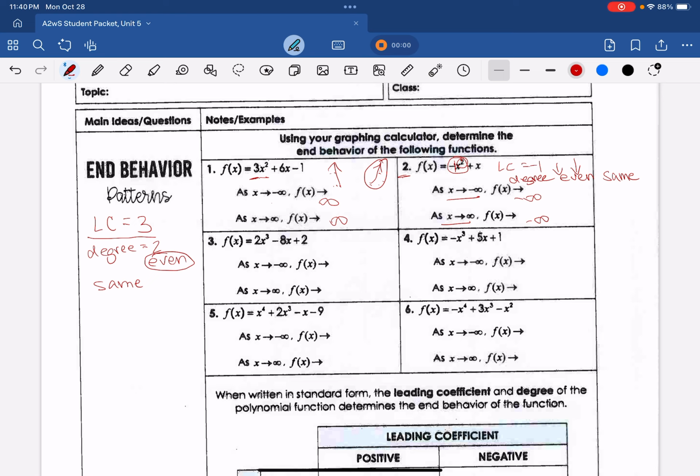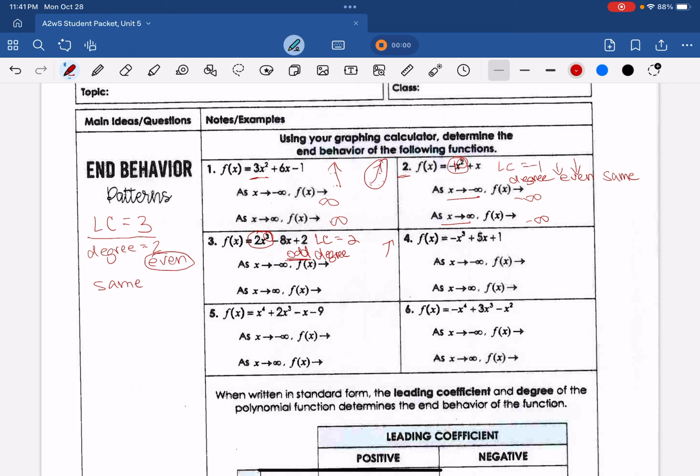Okay, look at number 3. Lead term. Our leading coefficient is a positive 2. So that means our right side is going to open up. Now look at our degree. The degree is a 3. It's odd. So if it's an odd degree, what I want you to think is that the ends are at odds with each other.